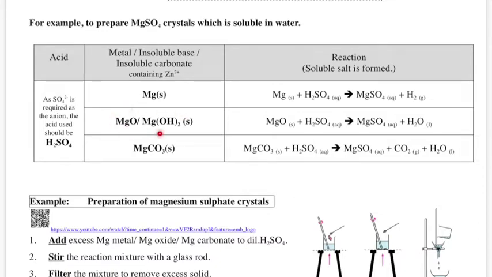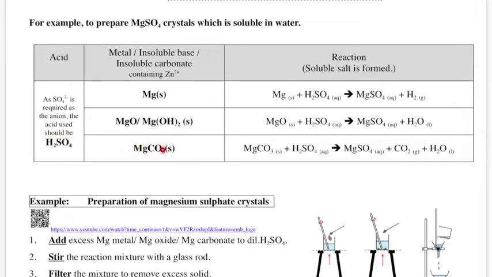For the second choice, we can have magnesium oxide or magnesium hydroxide react with sulfuric acid. Here the side product will be water, which just becomes the solvent, and later we will learn how to remove the water solvent. And then we can have magnesium carbonate react with sulfuric acid.